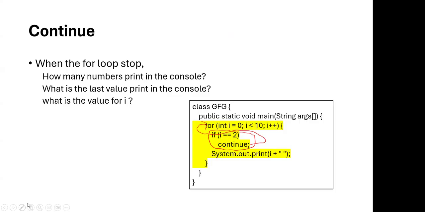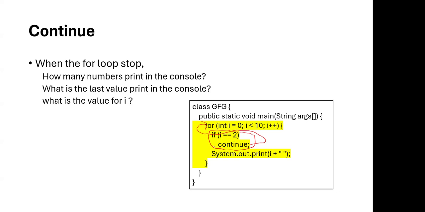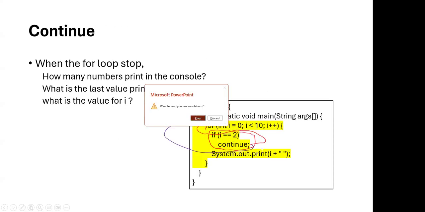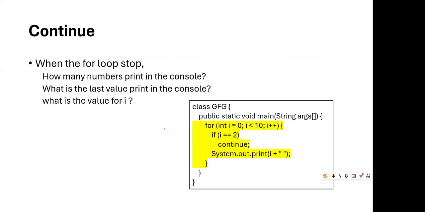Okay, I'm not drawing well. Let me change the color. Okay, from continue, we will go back here. Oh, sorry. Let me delete it. That means to continue, we're going back to the first line of the for loop.